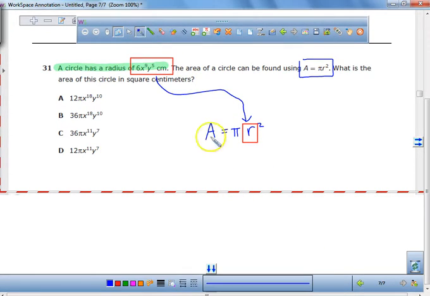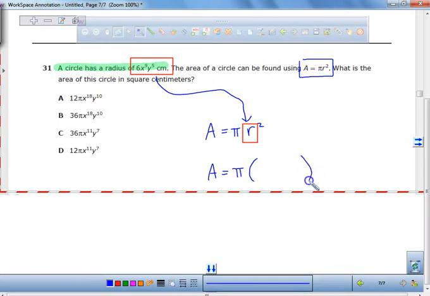Ready? We're going to find the area right now. Area equals pi, open parentheses, 6x to the 9th, y to the 5th. And what are we going to do? We're going to square it.